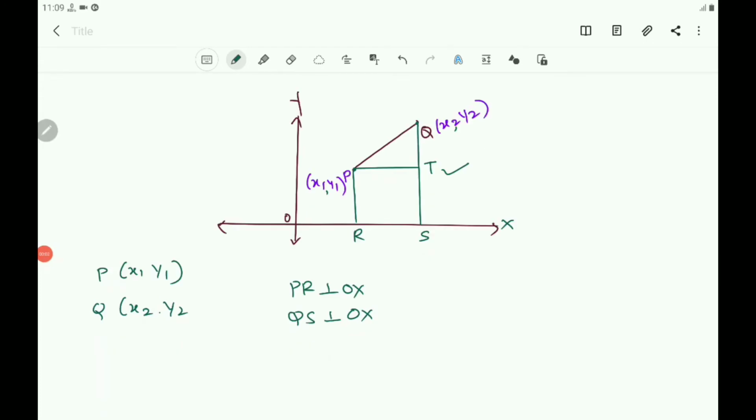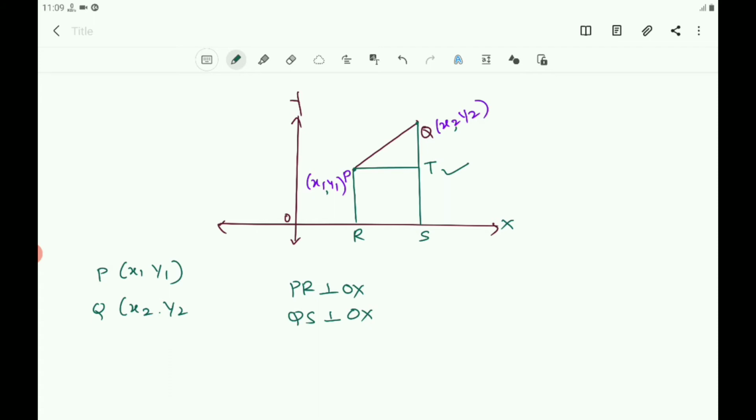And T is a point at which a perpendicular from the point P on QS is drawn to meet it. Here PT is a line joining the point P and the perpendicular drawn from Q to OX. Here a perpendicular from the point P on QS is drawn to meet it at the point T.